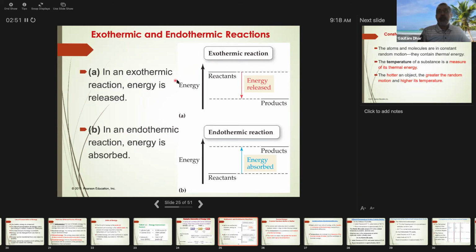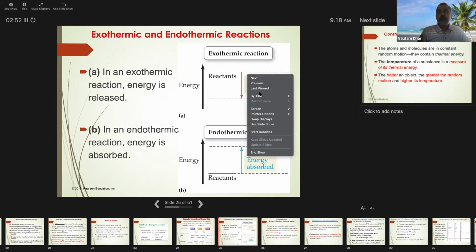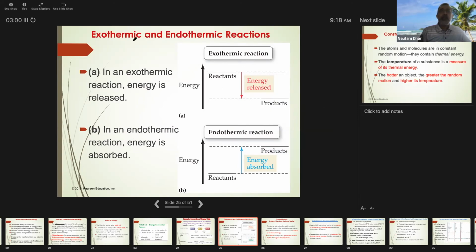Having said that, let's say you are burning gasoline and heat is coming out. Is that exothermic or endothermic?